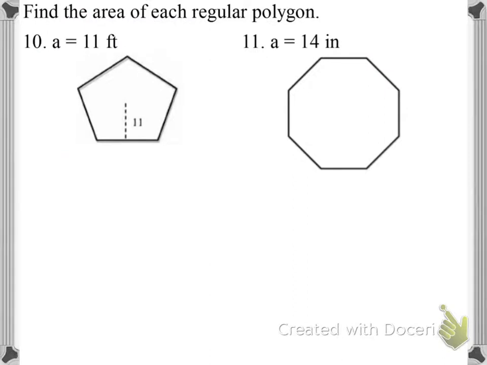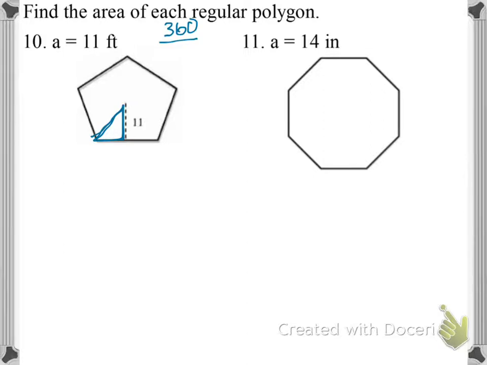All right. So here we go. So now we have, you know what, I may just do one of these because you're going to do the same thing on both. So find the area. Here we have a pentagon. So if I do 360, you have to figure out what these angles are in these triangles first.